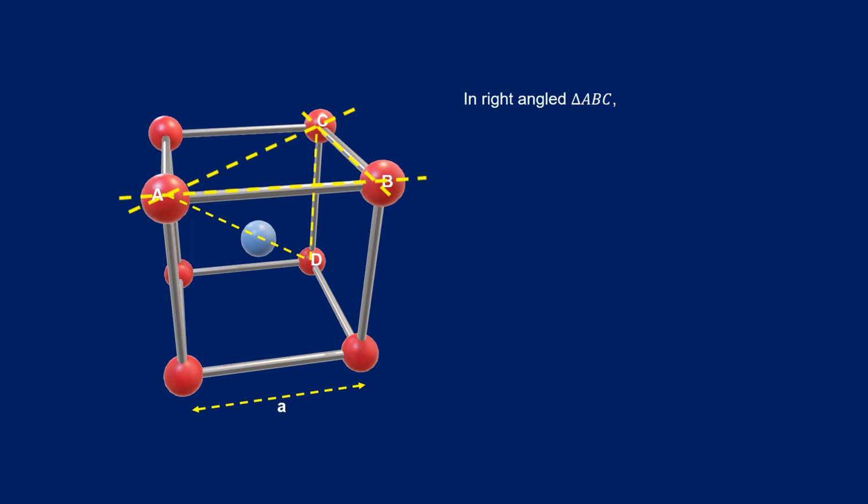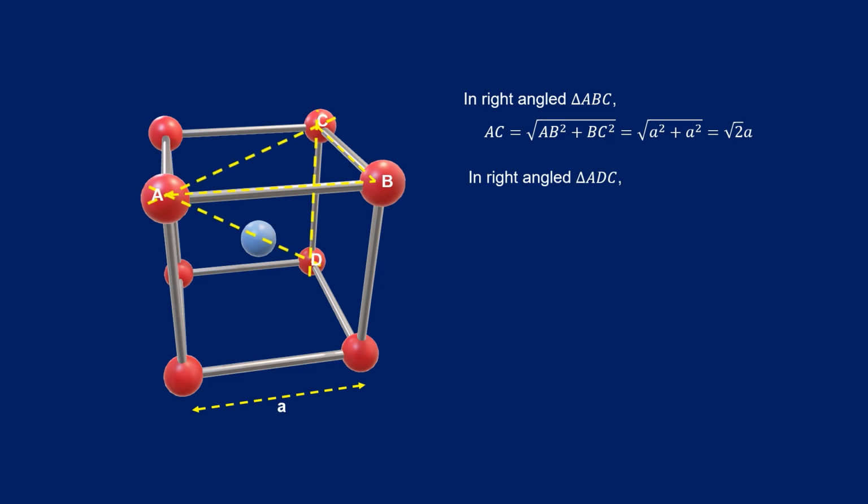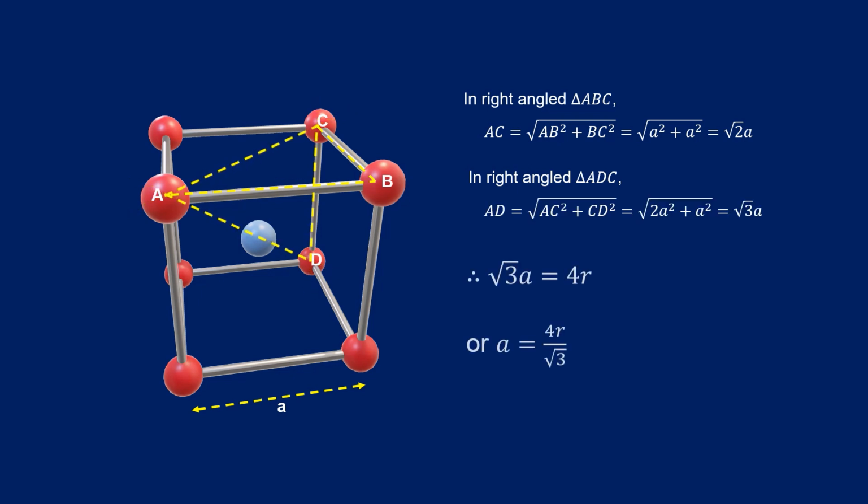This value can then be used to calculate the value of the body diagonal AD in terms of edge length a by applying the Pythagoras theorem in the right-angled triangle ACD. Then, by equating the two values of AD, we can get the relation between the edge length a and the radius r of the spheres.